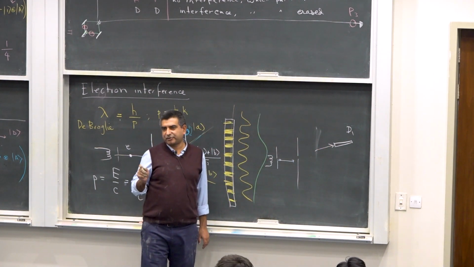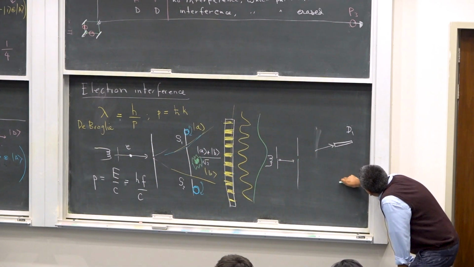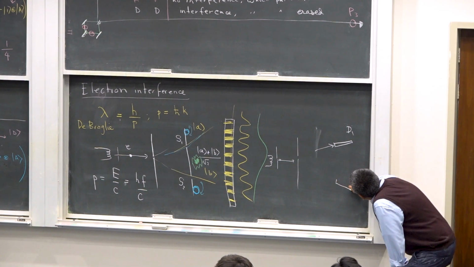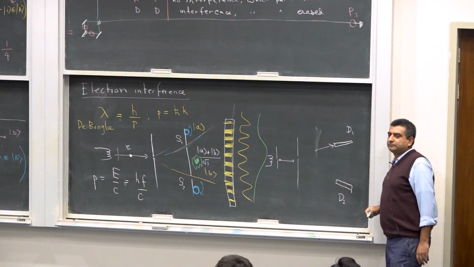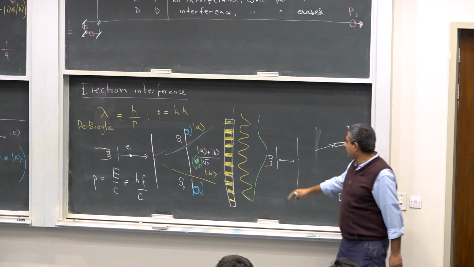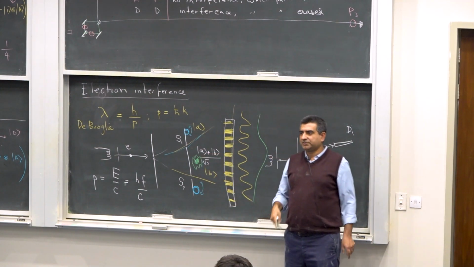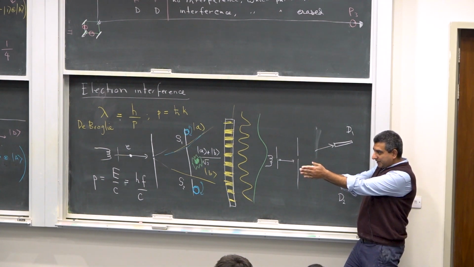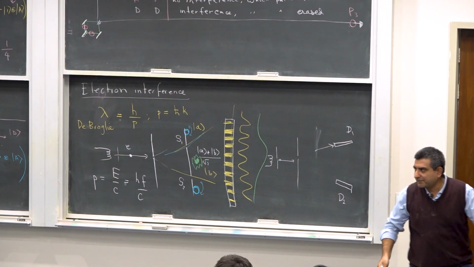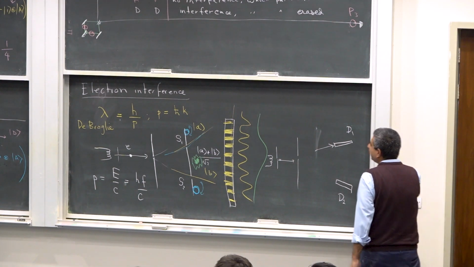It detects electrons. And another electron detector D2 here. So I do not have a screen and I do not have double slits, just two detectors. One is pointing towards the electron from this direction, the other from this direction. Now will I see interference here?